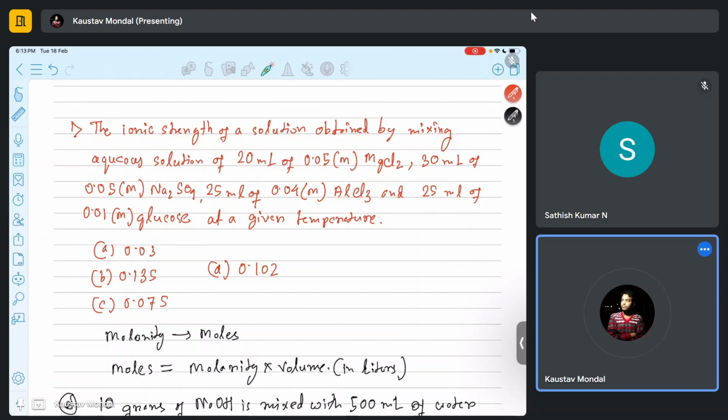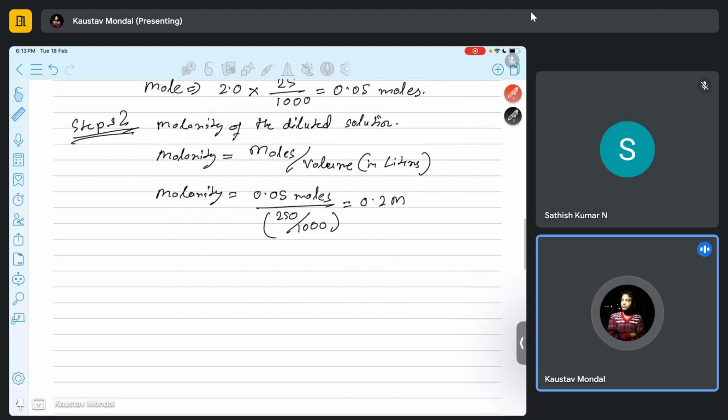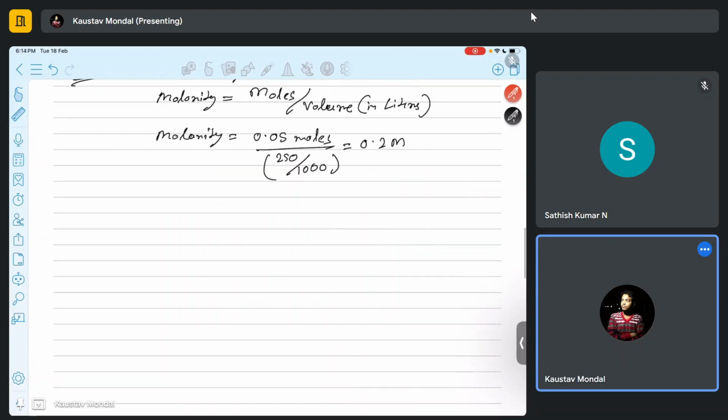So now we are asked to calculate the ionic strength. Okay. So let me first write the general formula of ionic strength, because that's the thing we have to find out, right?